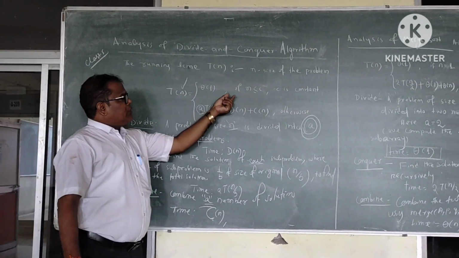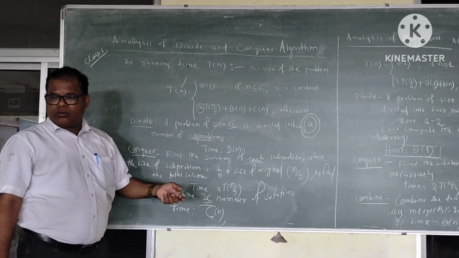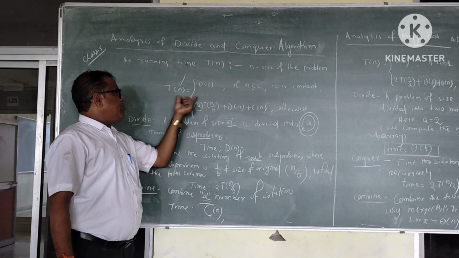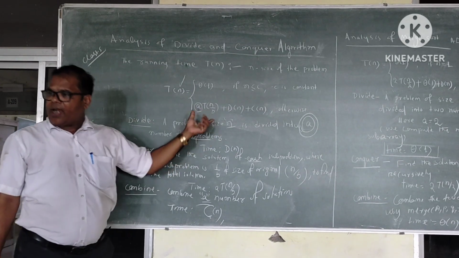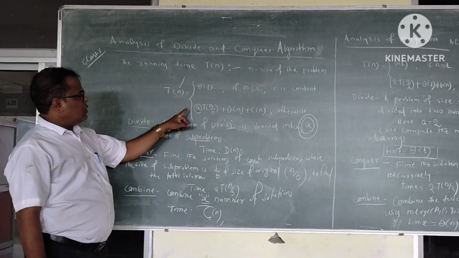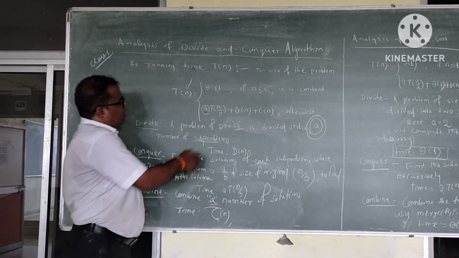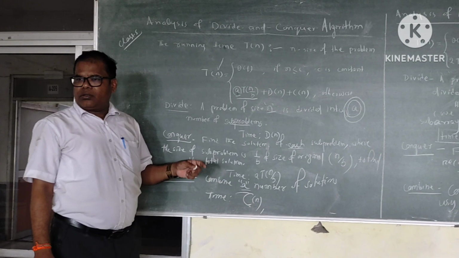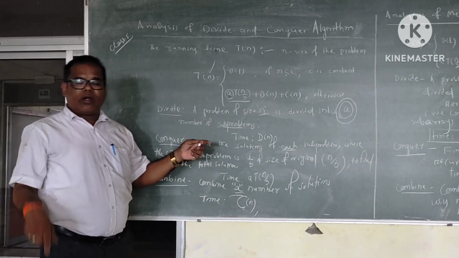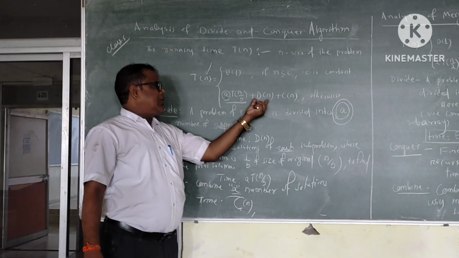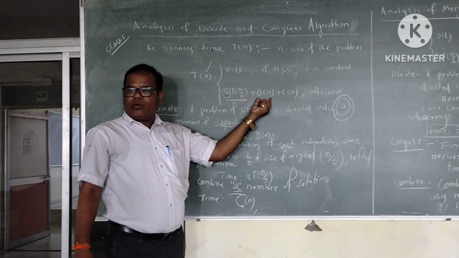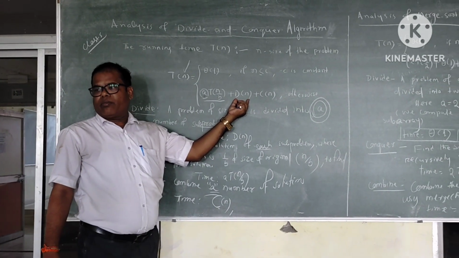If the problem size is greater than 1, we define the running time of this divide and conquer algorithm in terms of conquering, that is, the time required to find the solutions, and second, the time required to divide the problem into subproblems.